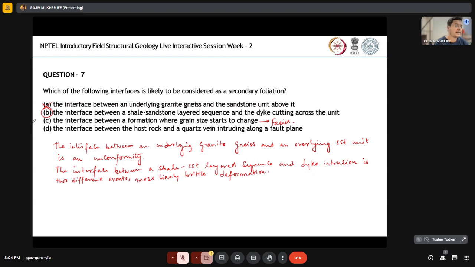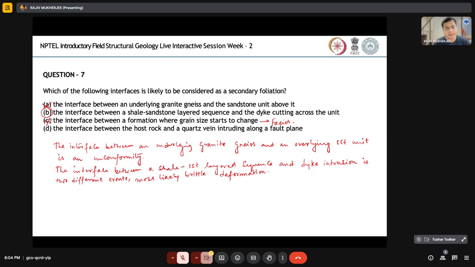It can also indicate changes in the pore fluid pressure. It can also indicate changes in temperature as well. So these kinds of things would definitely indicate a change in deformation condition, not the deformation itself, right? So option C is also not valid in this case, because generally for a sedimentary sequence, change in grain size would indicate a new facies.